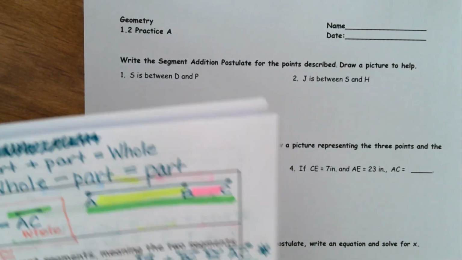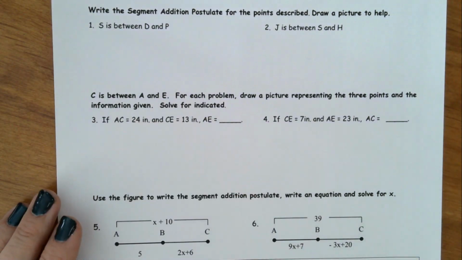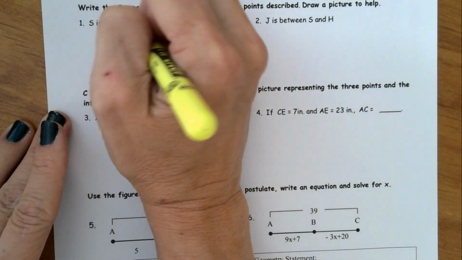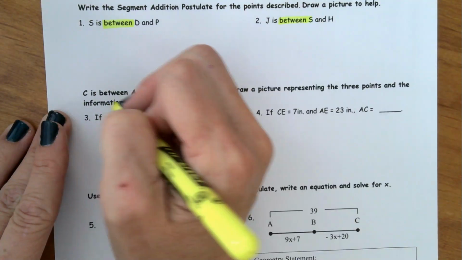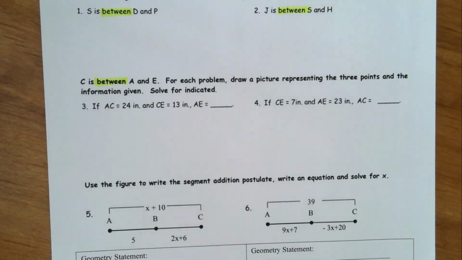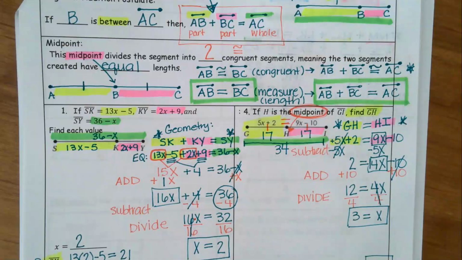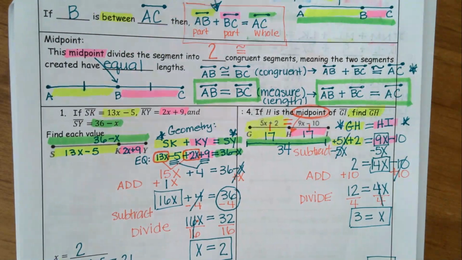Okay. Do you see this one here? So it says, by the way, it's not saying middle, it's not saying midpoint, it's saying between, yes? Yes or no? Okay. So, you see these pictures right here? Those pictures right there?